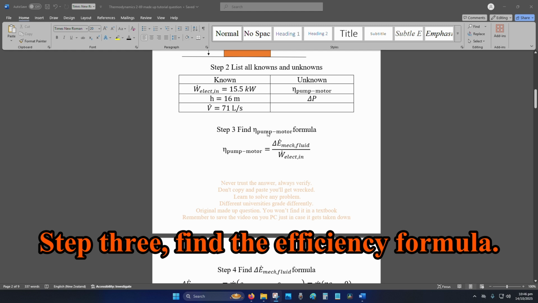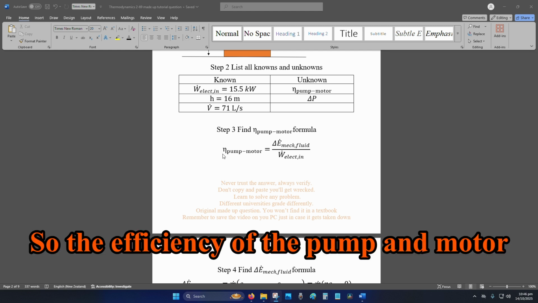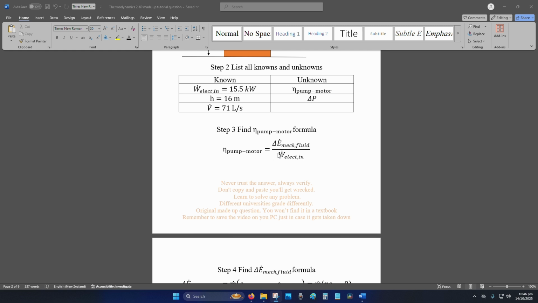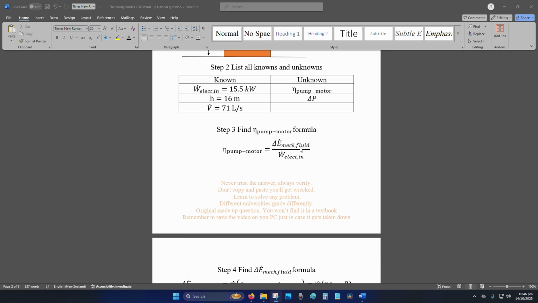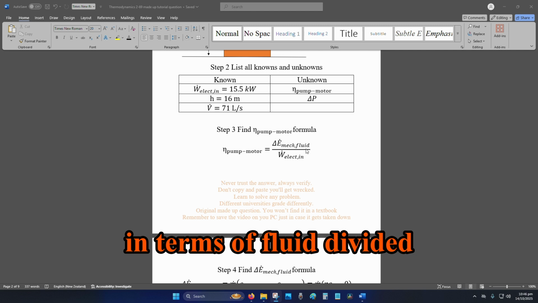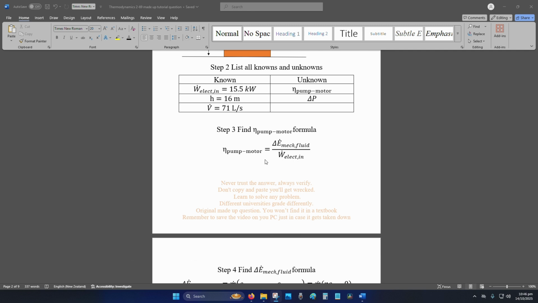Step 3, find the efficiency formula. So the efficiency of the pump and motor is equal to the change in mechanical power in terms of fluid divided by the power of electricity.